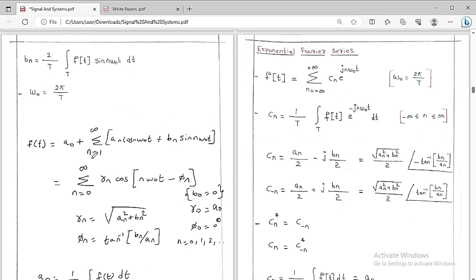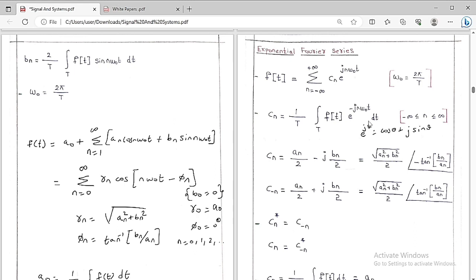For the trigonometric Fourier series there are the coefficients An and Bn, and for the exponential Fourier series the coefficients are Cn. So Cn is nothing but An by 2 minus j Bn by 2, because you know e to the power of j theta. What is e to the power of j theta? e to the power of j theta is equal to cos theta plus j sin theta.